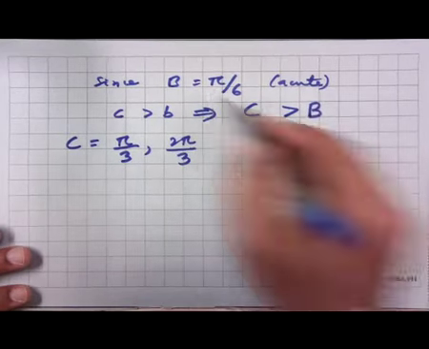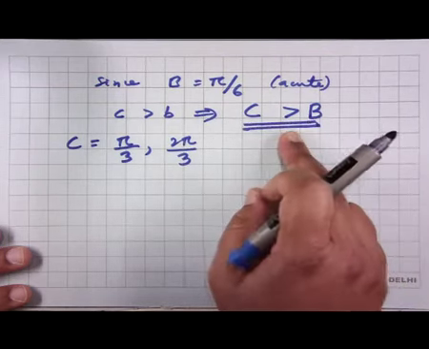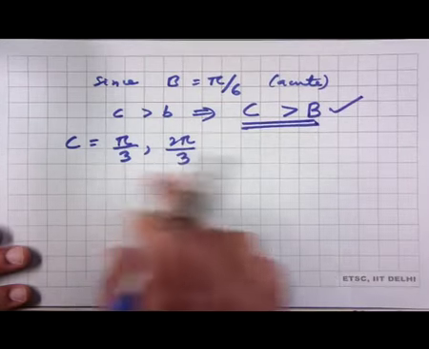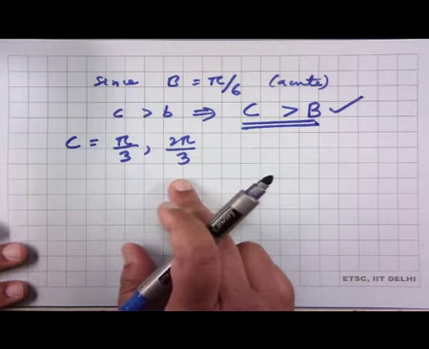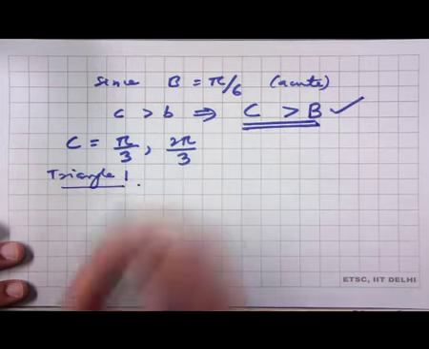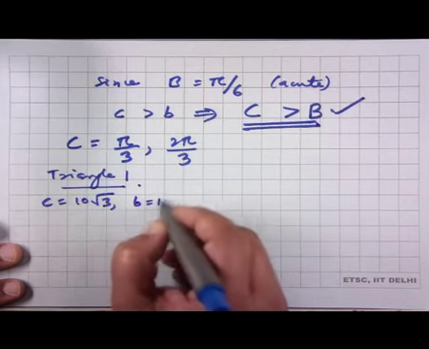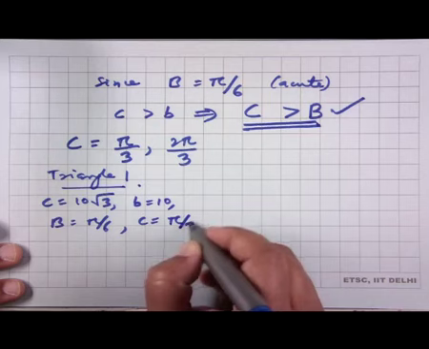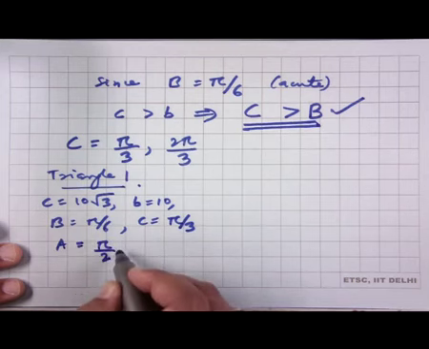In this case, since B is pi by 6 and the angle C must satisfy this condition, both these values are greater than pi by 6, and therefore, this condition is satisfied for both, and hence both these possibilities are valid, and therefore, we get two triangles.